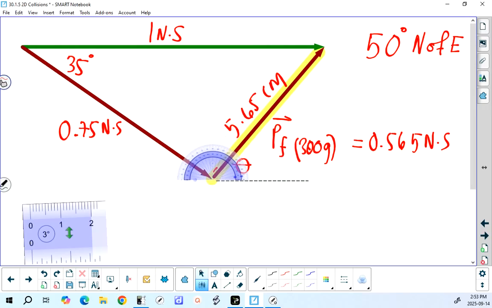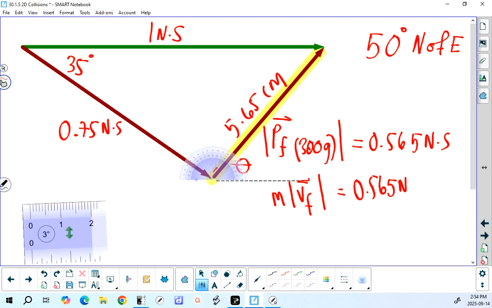So we are almost done. The only thing we have to do is remember that this magnitude of the momentum of 0.565 Newton seconds is equal to the mass times the magnitude of the velocity, so we're going to have to divide that by the mass. So the magnitude of the velocity is going to be found by taking that 0.565 Newton seconds and divide by 0.3 kilograms.